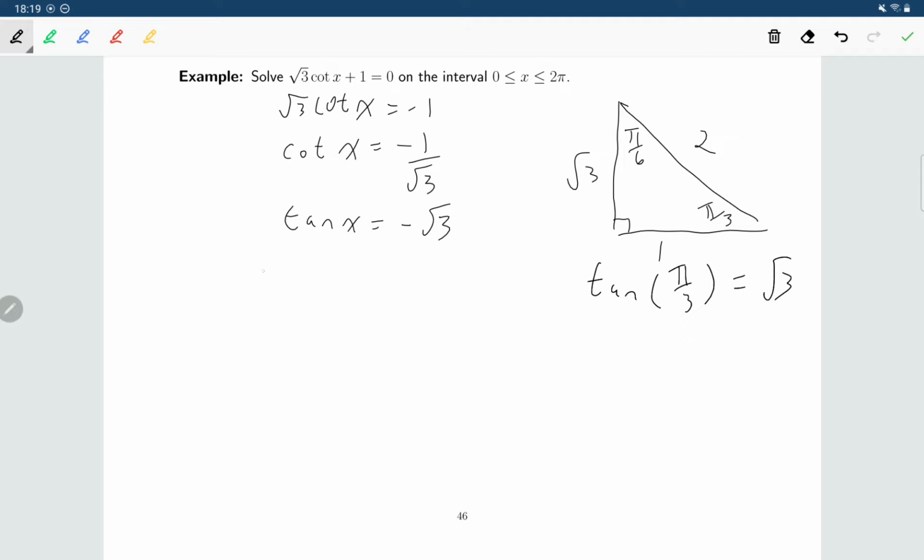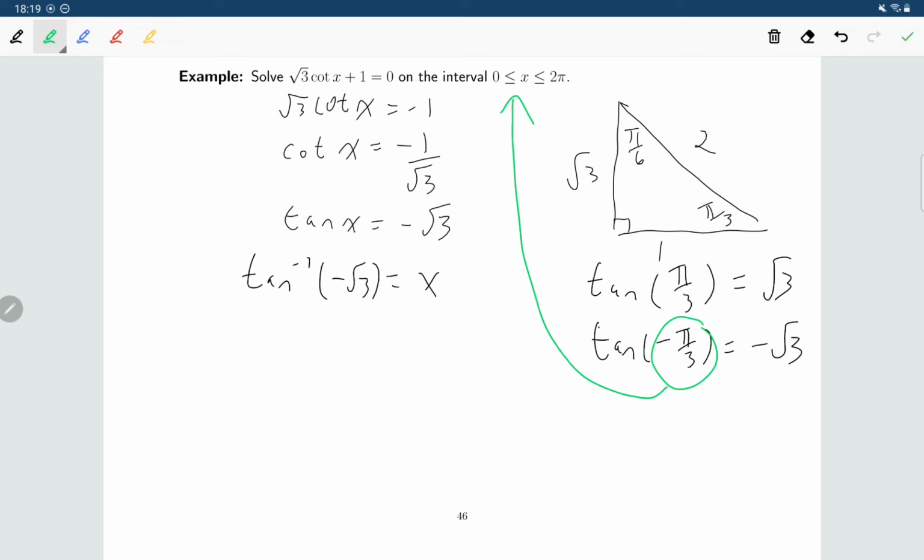Or in other words, we're looking for x to be tangent inverse of negative root 3. Now, since we know that tangent of positive pi over 3 is positive root 3, then we know that tangent of negative pi over 3 is negative root 3. So we do have one possible value. However, that value, negative pi over 3, is not in our interval.